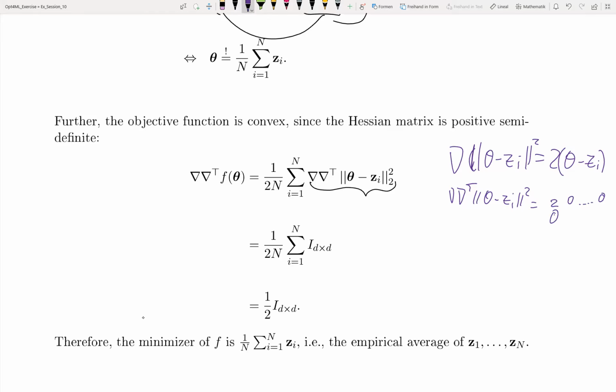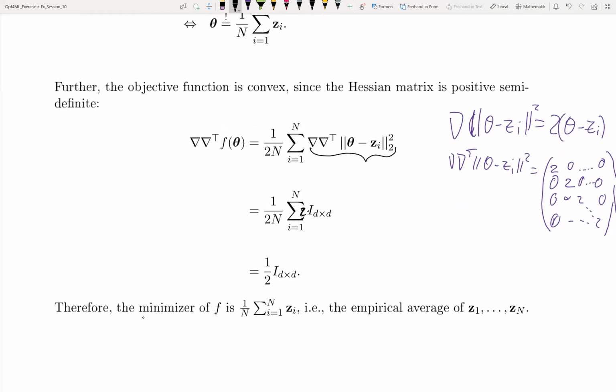For theta 2 in the second component of the gradient gives us a 2. There we get the 2, and then you see that essentially we get, I forgot the 2, right? 2 times the identity matrix, and zeros else. Okay, so 2 times the identity matrix.